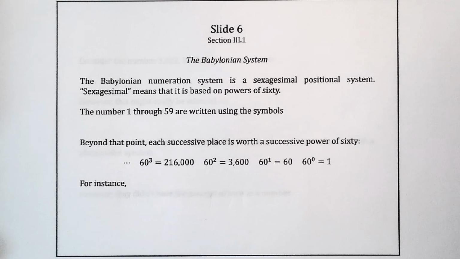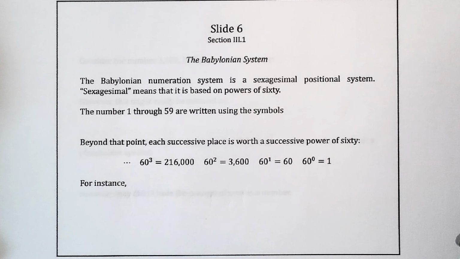Among other things, 60 is divisible by 1, 2, 3, 4, 5, and 6, as well as 10 and other convenient numbers. So the fraction system that the Babylonians used is very convenient because of all those divisors. And they used this system quite a bit when they would conduct commerce.